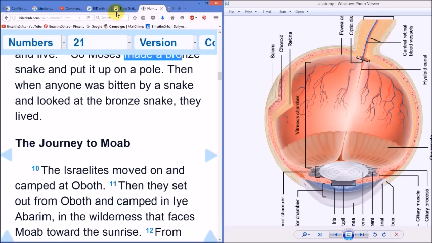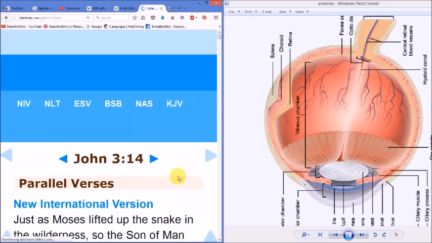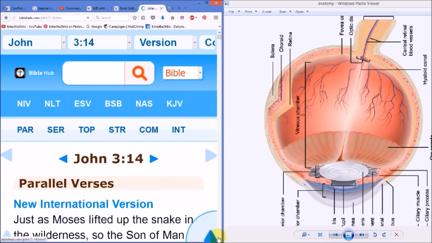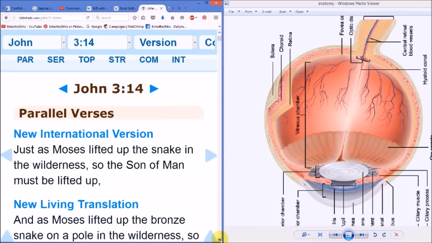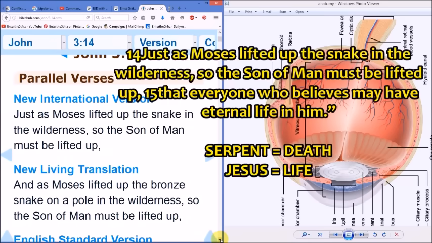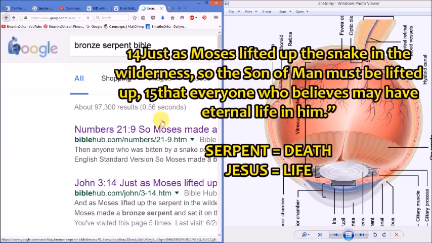Now Jesus addresses this in his own words. He says, "Just as Moses lifted up the snake in the wilderness, so the Son of Man must be lifted up." And so you see, we have a juxtaposition. We have the blue bloods, the copper-based blood that the Israelites had to look upon to live.